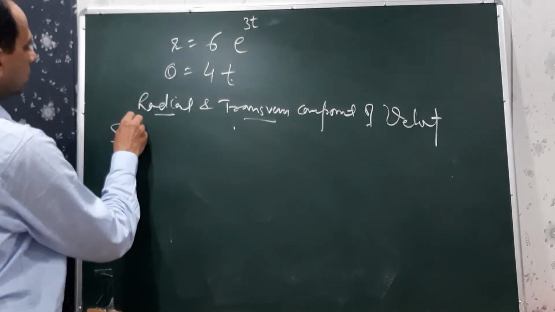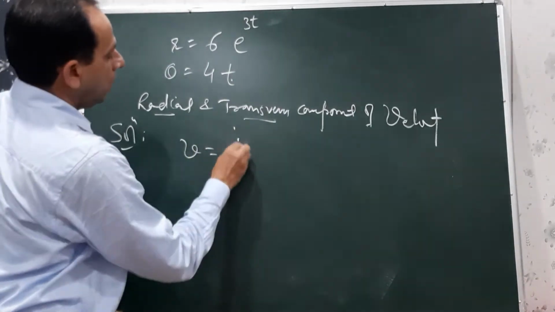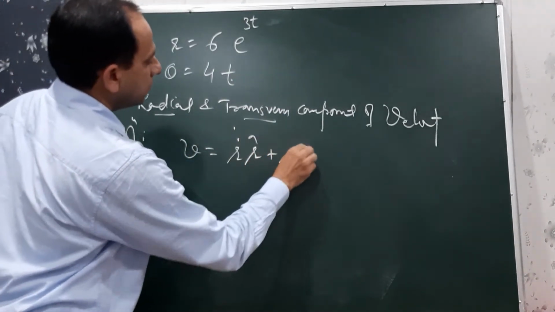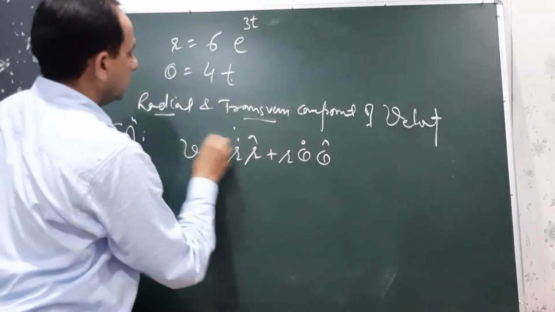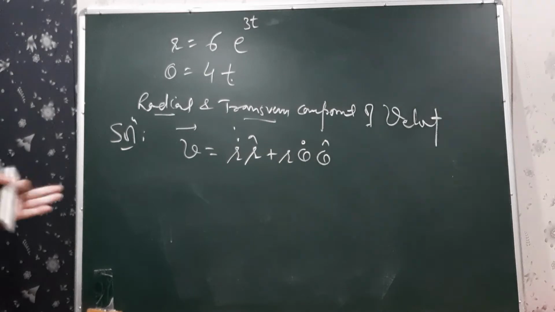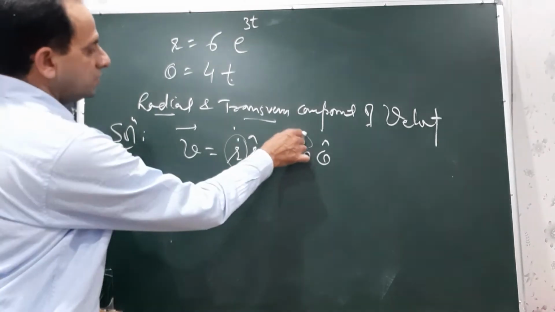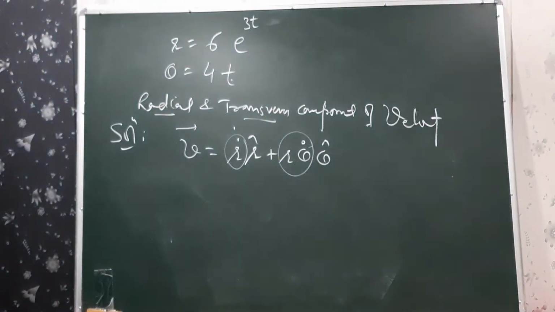Now, solution. We know that velocity is r dot r cap plus r theta dot theta cap. This is the velocity, we have already proved it. So, this is the formula for velocity, and the first component is called the radial component and the second component is called the transverse component.